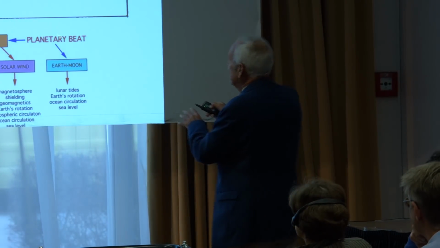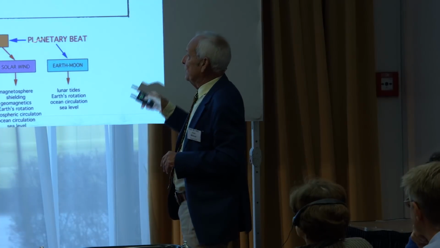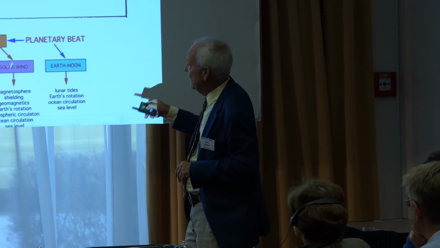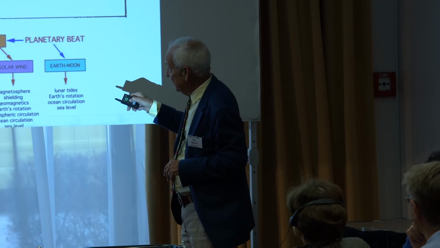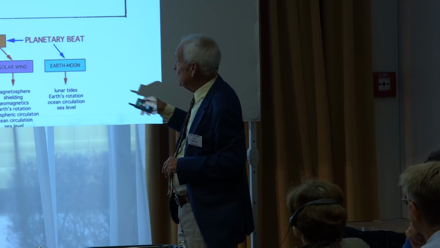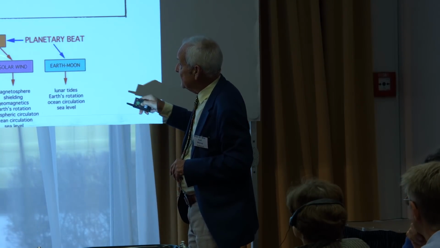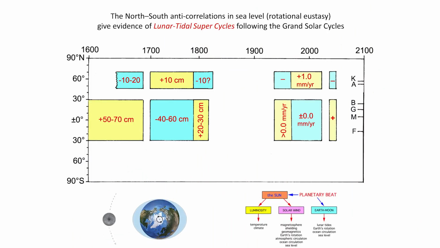Only if the planets beat on the sun at the same time as the moon and the Earth-Moon system and the sun. And the sun, the solar winds, goes into the magnetic shielding, geomagnetic Earth rotation, which is the driving force for atmospheric circulation, ocean circulation, and of course sea level.